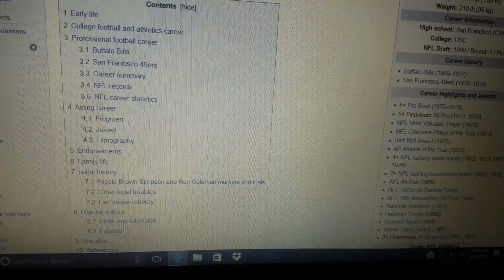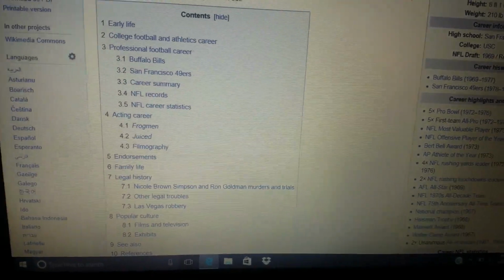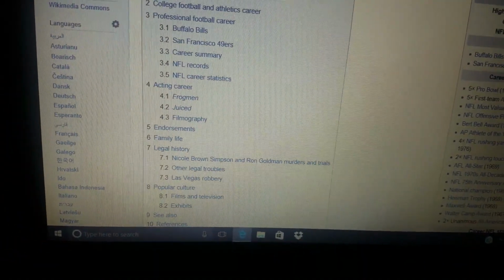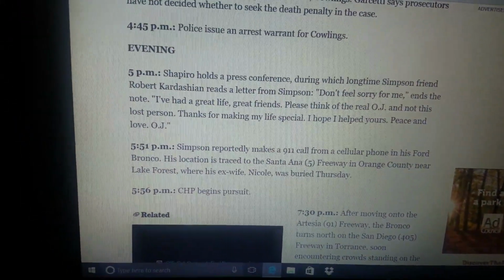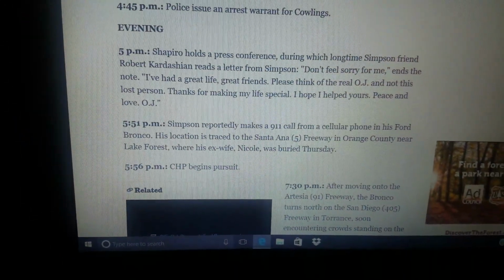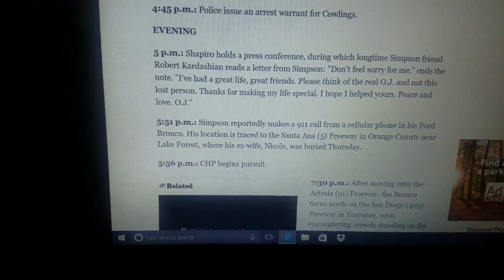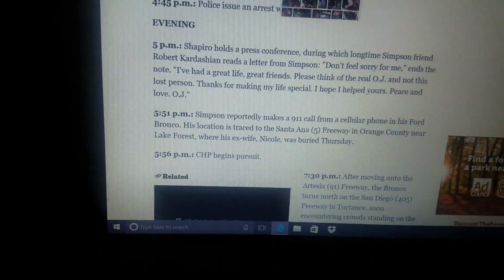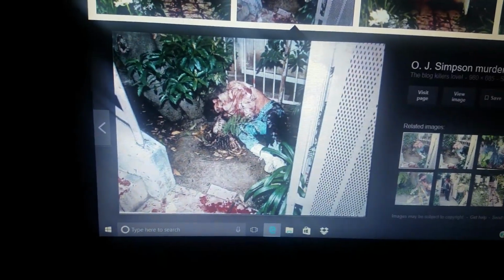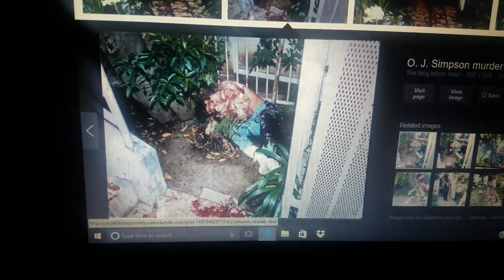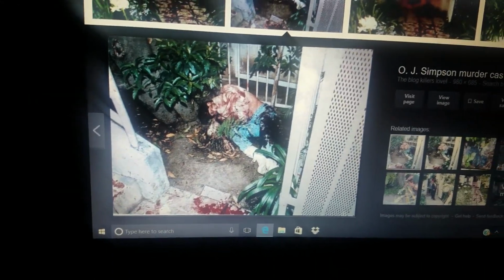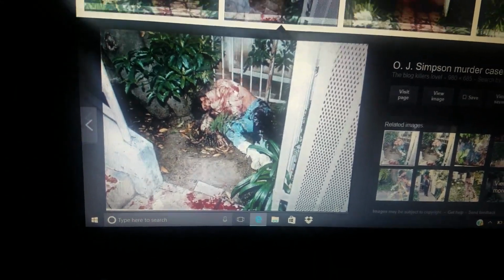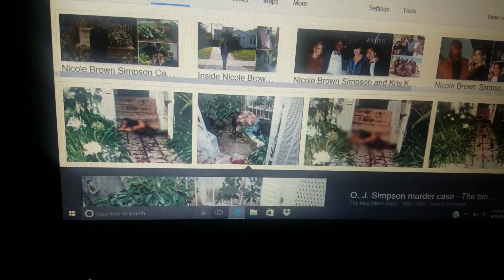Okay, so when we talk about the O.J. Simpson trial and the whole start of the famous O.J. Simpson chase, I want everybody to know and understand that Ron Goldman and Nicole Brown Simpson were murdered on a date with 913 numerology.